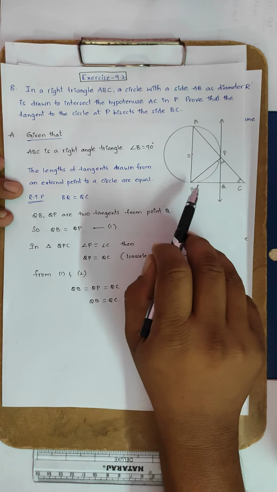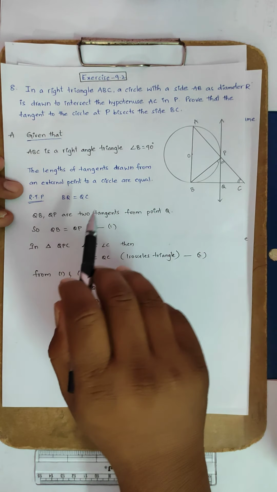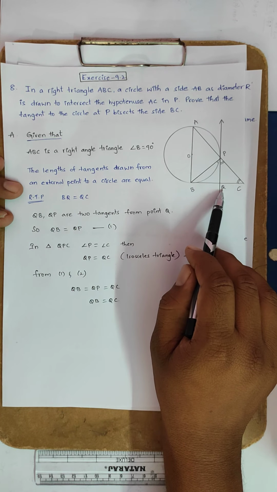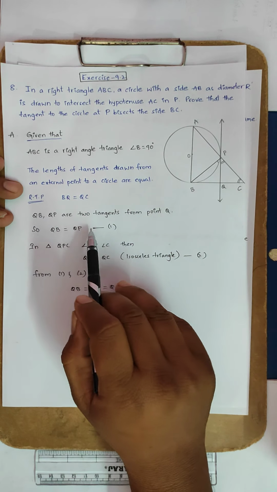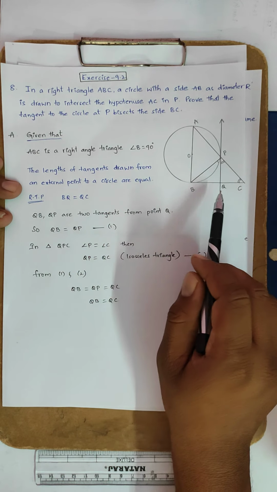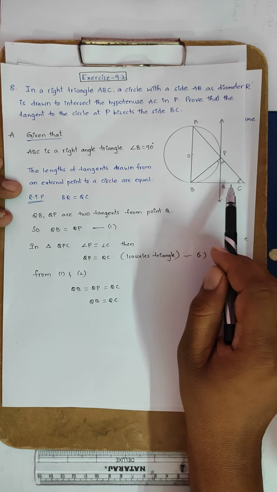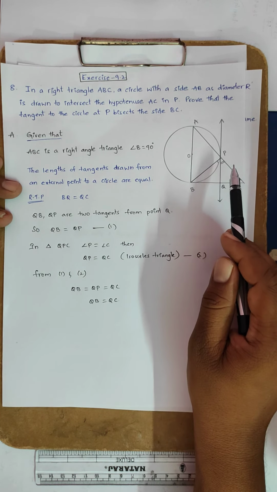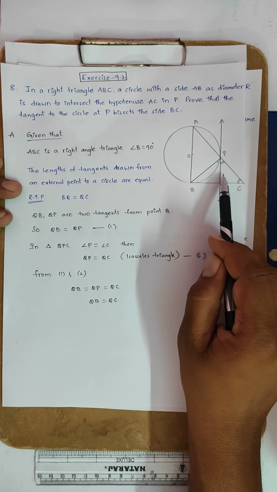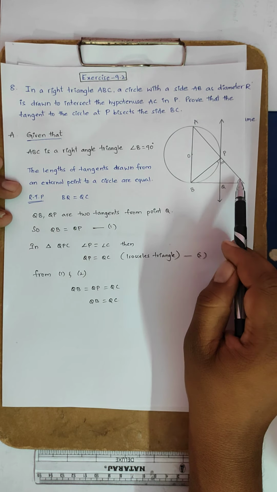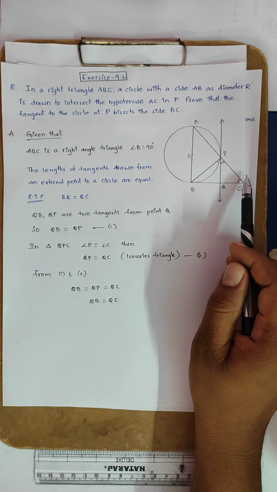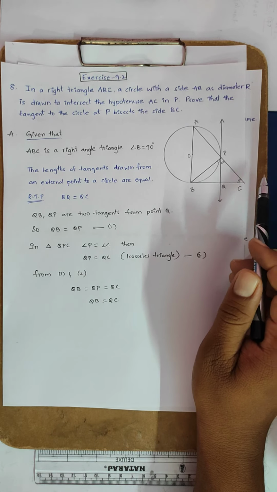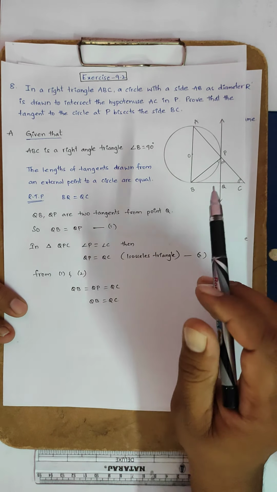What is required to prove? BQ is equal to QC. Now using this theorem, QB is equal to QP. Assume this is the first equation. Now if you observe this diagram, two lines are drawn here, and two lines are drawn here also. This means that in this triangle, these two angles are equal. In any triangle, if two angles are equal, then that triangle is an isosceles triangle.